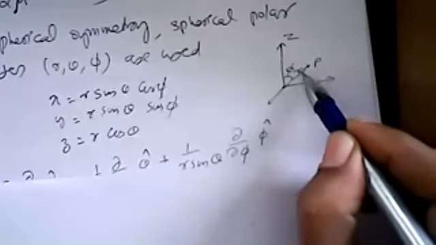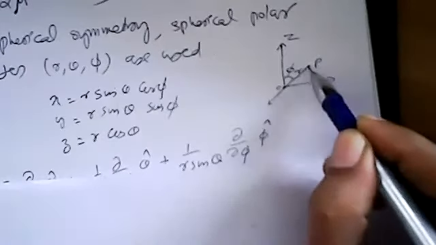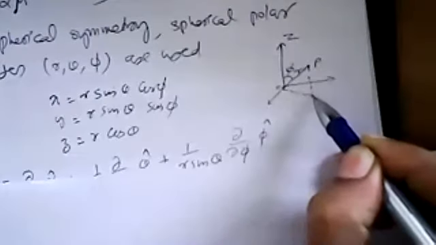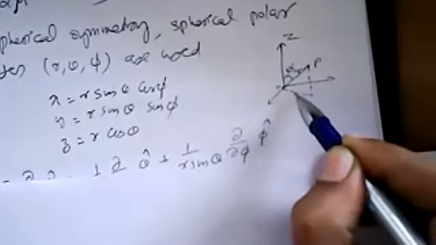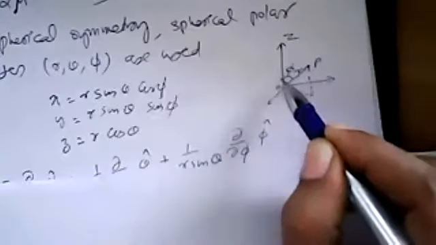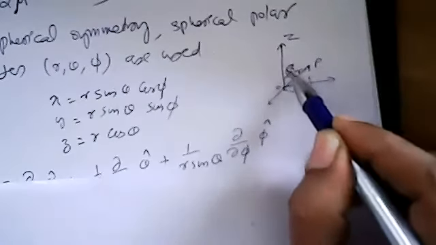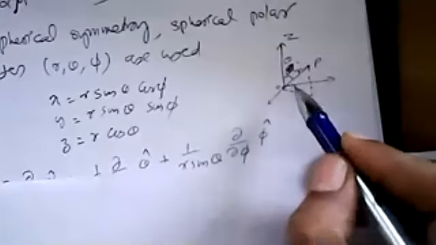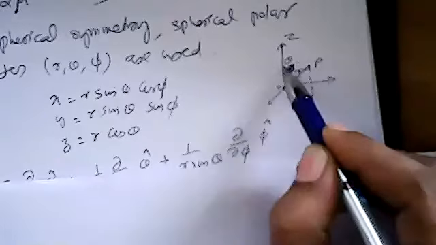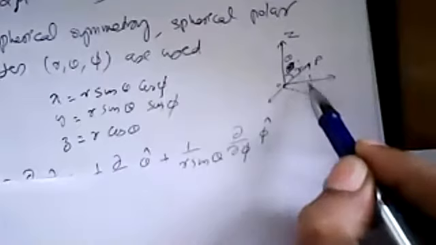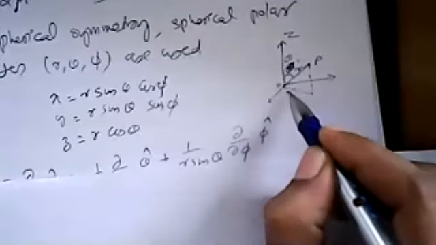Now you project this OP vector into the xy plane, so that the z component is r cos theta, and the component in the xy plane is r sin theta.